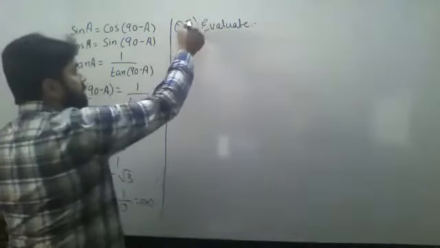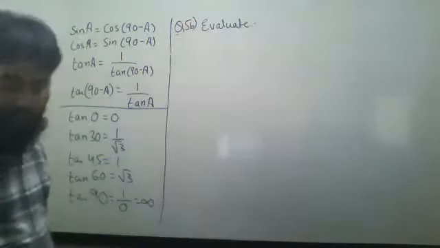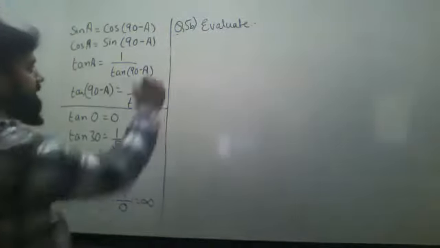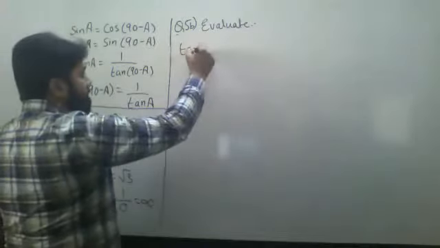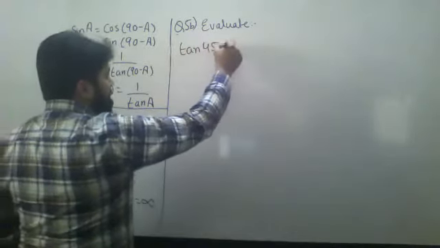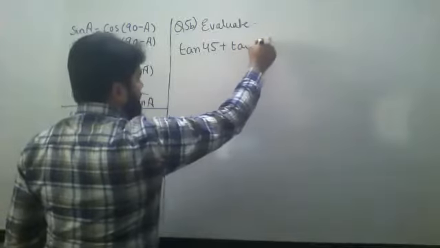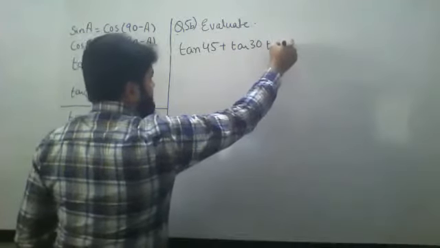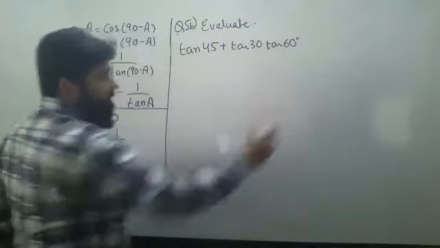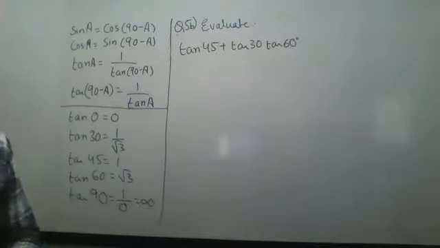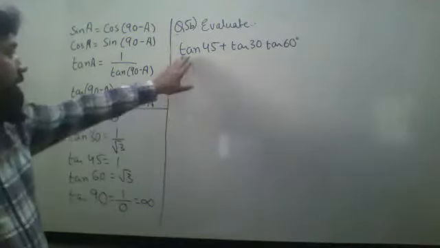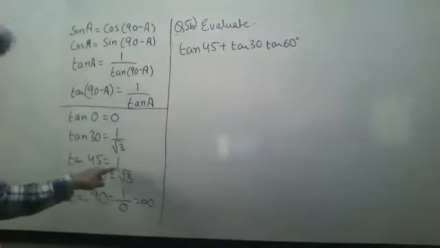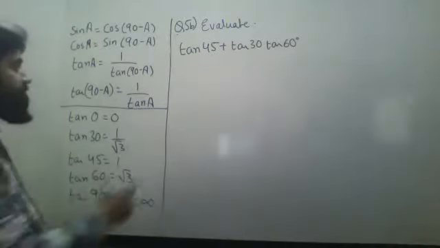Now I'm going to solve question number 5a. In question 5a, they are saying tan 45 plus tan 30 over tan 60, to evaluate. So what will I do? Tan 45, the value is 1.